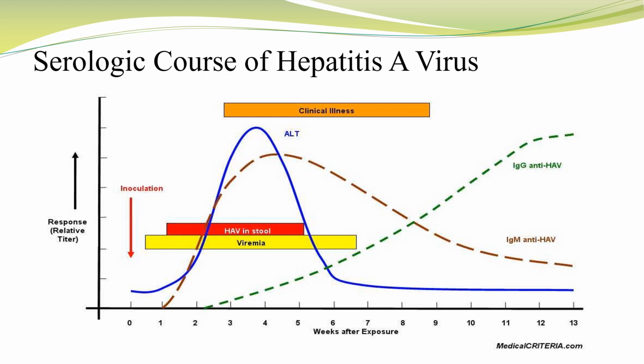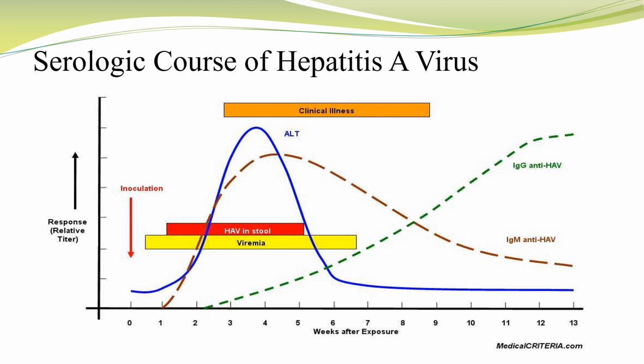As we see in this graph, after getting infection, we have viremia, and after 1 week, we can detect HAV in the feces. And after 3 or 4 weeks, we can see clinical symptoms in the patient. As we see, the brown dashed line shows IgM can be detected between 2 or 3 weeks up to 3 months.